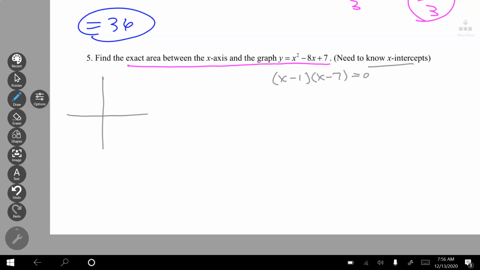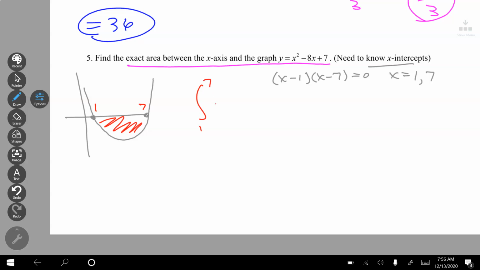I set that equal to 0, and I got my x-intercepts of 1 and 7. So this graph looks like this, and we're trying to find this area between 1 and 7. So it's just the integral between 1 and 7 of the function that was given to you.